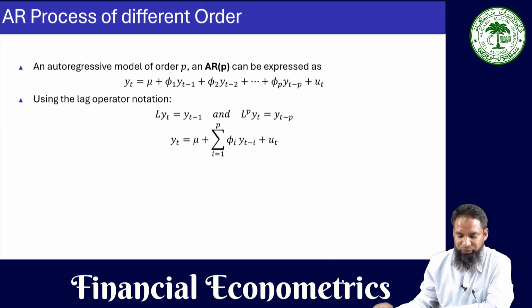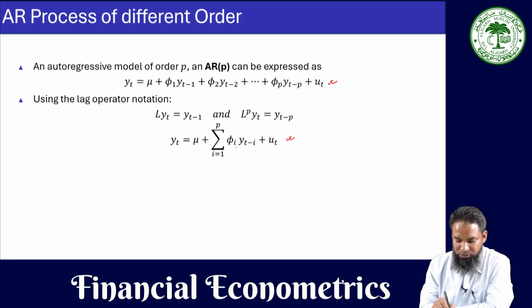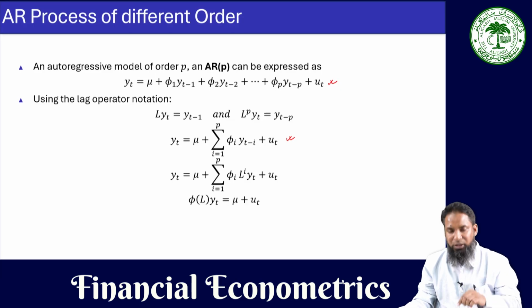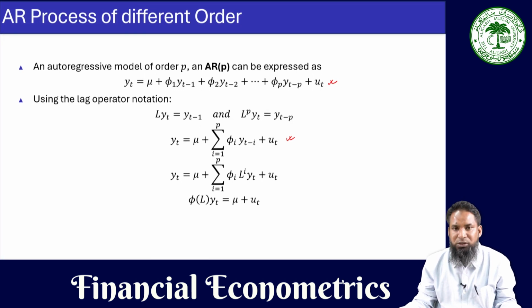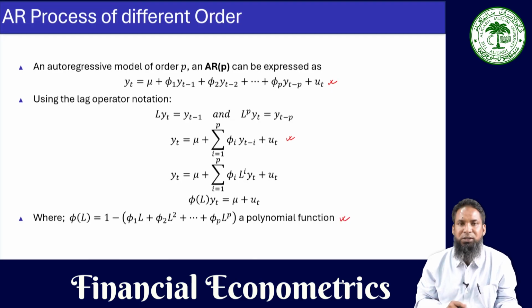So we can write the order p process concisely as yt equals mu plus the summation of phi i yt minus i plus ut, where i goes from 1 to p. Or in lag form, we can write phi of L into yt equals mu plus ut, where phi of L is a polynomial function.